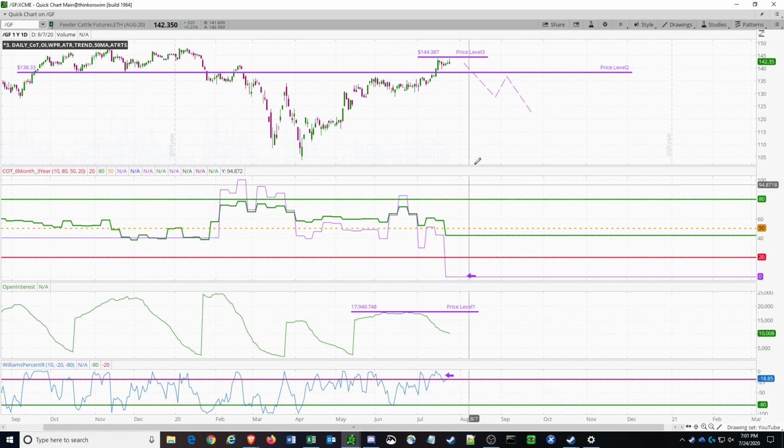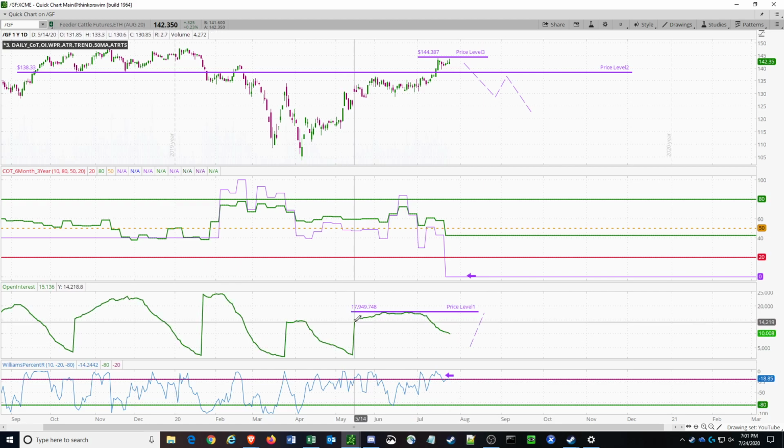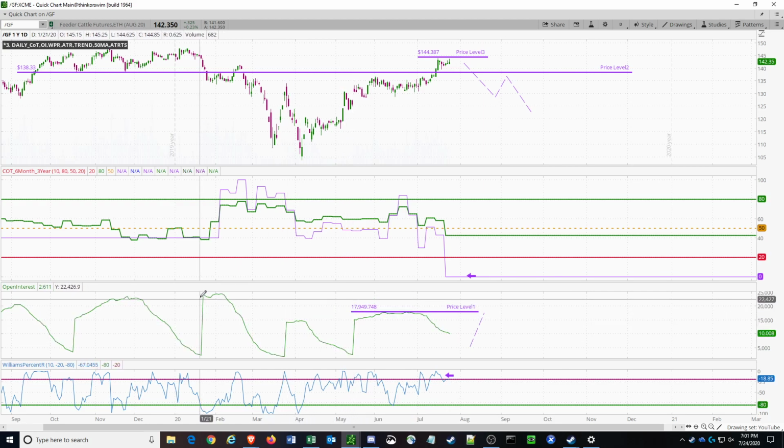But comms do think that this one's going to turn the other way, so we would like to see this bottom out and then see the shorts increase again. Let's see the open interest increase dramatically like we do in most cases. Yeah.